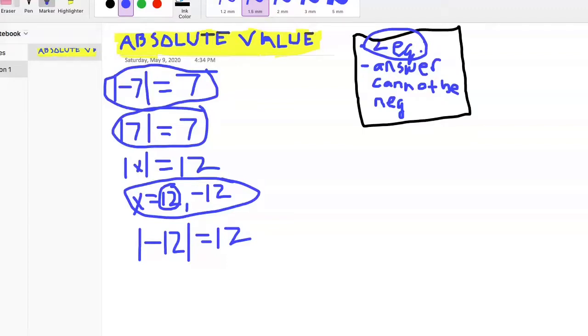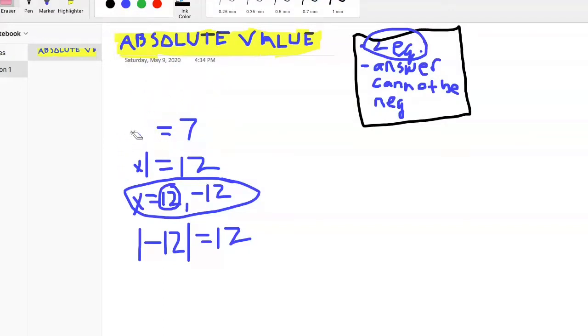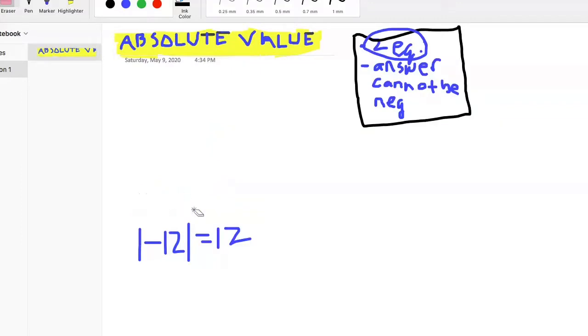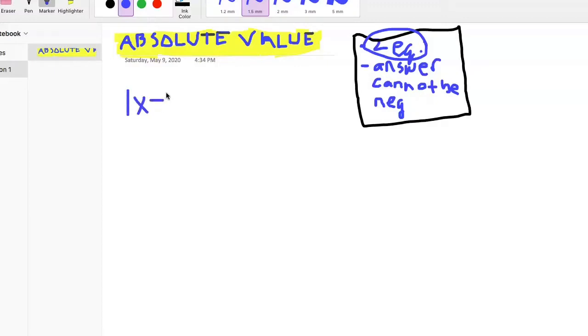All right, let's erase to give myself a little more room, and get the marker back. Okay, next step. This is where we start thinking about putting it into two equations, which you can see in our little key over on the right. So, absolute value of x minus 5 equals 12.